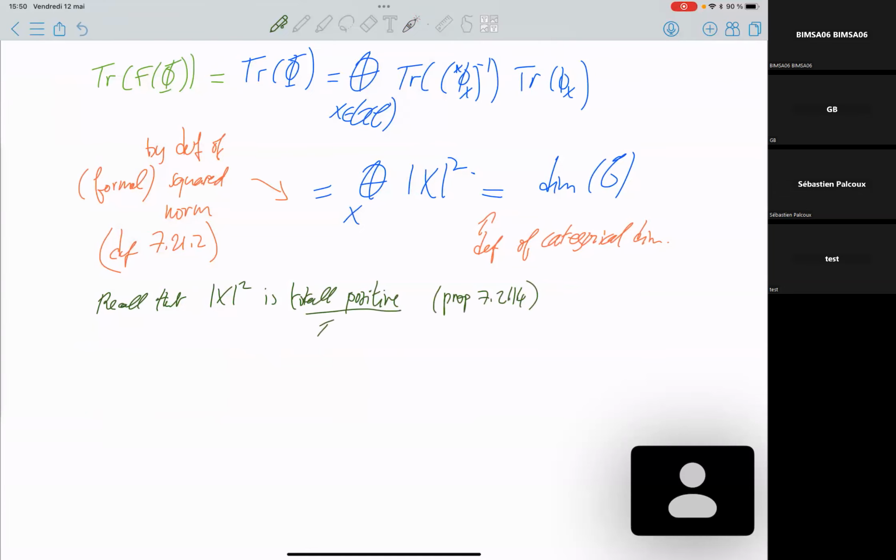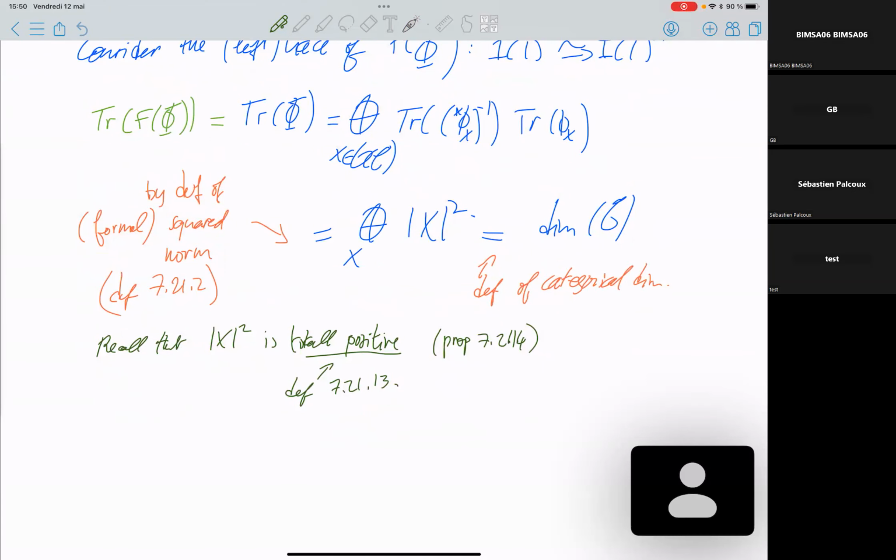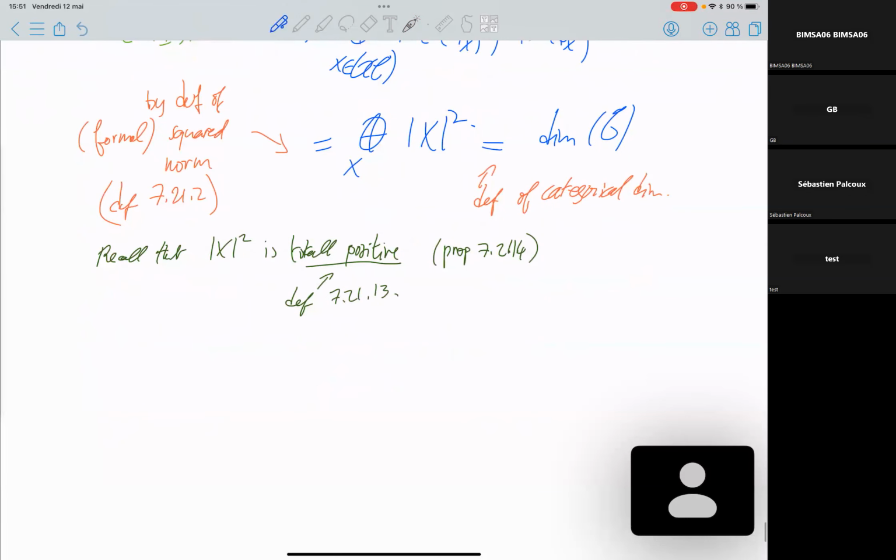And this is the definition, what I said, 7.21.30. Okay. Now, let me continue the proof. So now, totally positive. Now, wait a second.